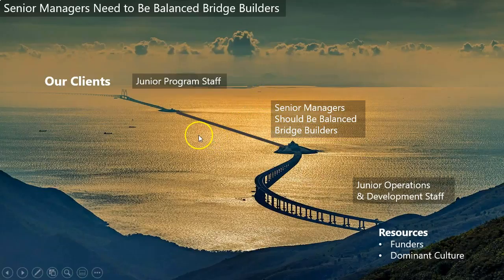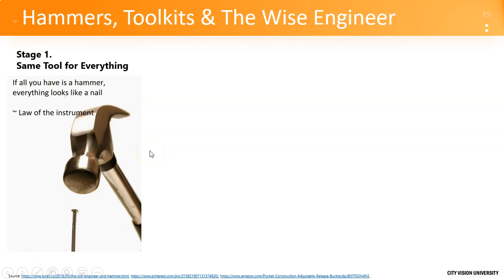So another example of what this course is trying to do is just this analogy. Stage 1 is you use the same tool for everything. So if you're in the operations quadrant, you're like, it's all about the policies, it's all about creating rules and systems. Or if you're an entrepreneur, it's all about just creative thought, right? And there's this thing called the law of the instrument: if all you have is a hammer, then everything looks like a nail.